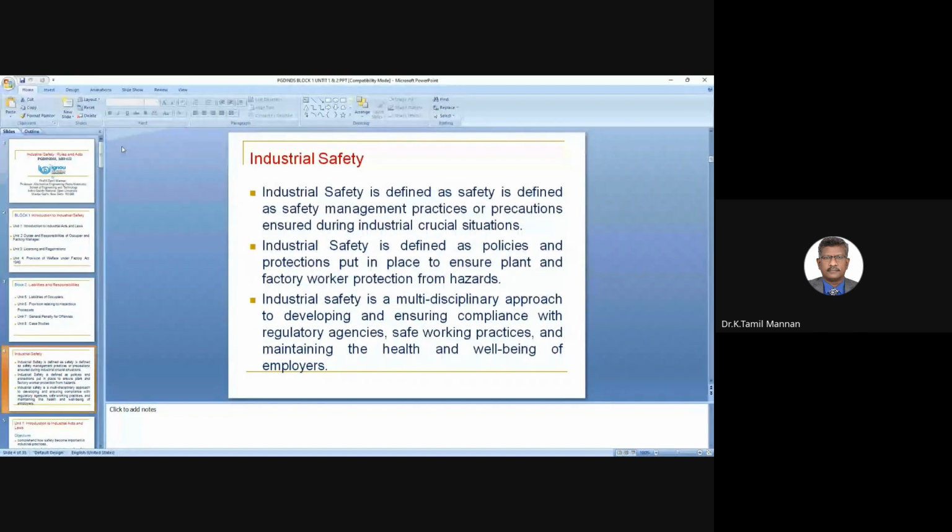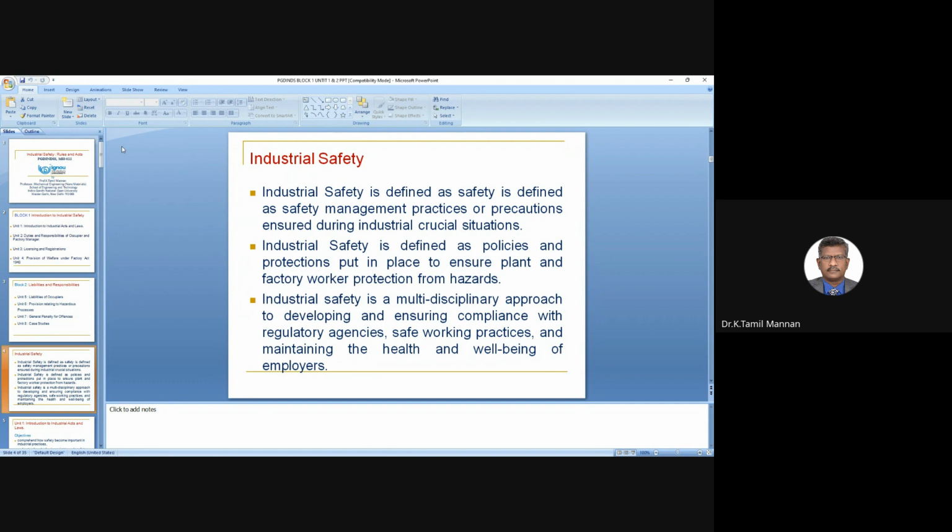Before entering the rules and acts, we should know what industrial safety is, because you are very well aware of industrial safety from the rest of the course. Industrial safety is a safety management practice, with precautions to ensure the safety of persons during industrial and crucial situations.